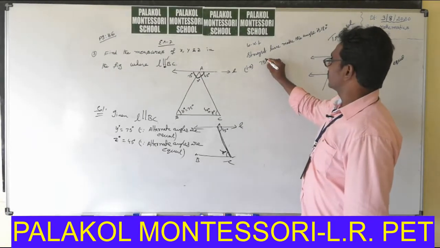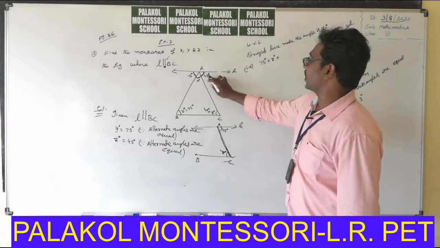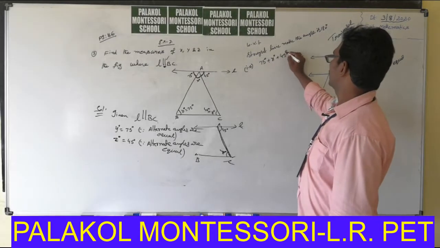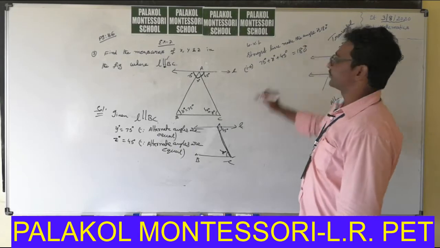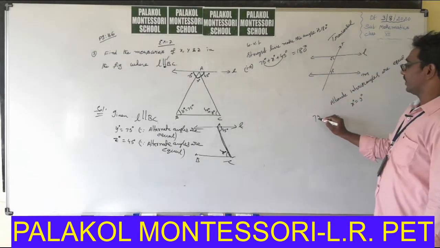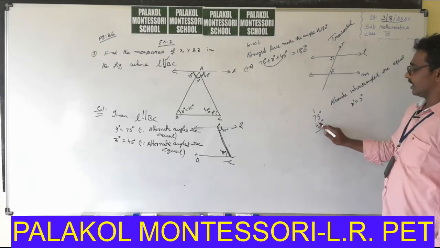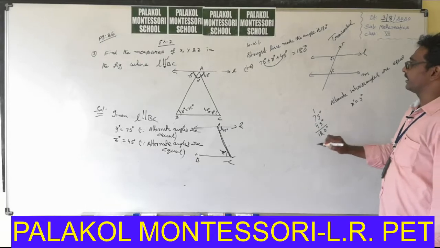75 degrees plus x degrees plus 45 degrees is equal to 180. 75 plus 45 is 120 degrees.